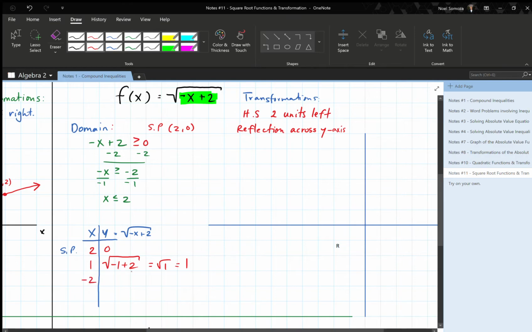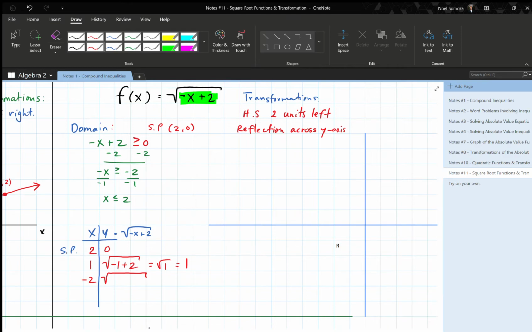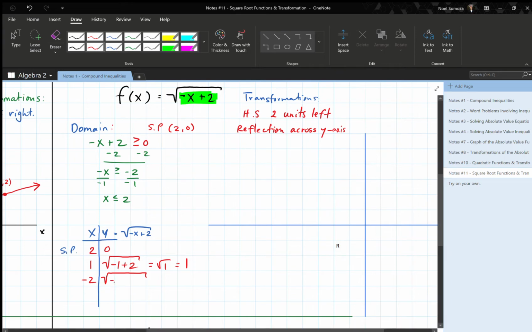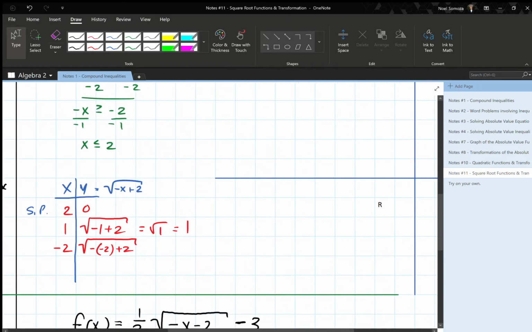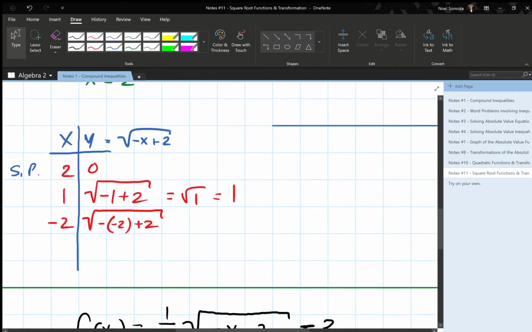Careful here because you have multiple negatives that you're playing with. The 2 is negative, and then you have a negative that's part of the function. So that's going to become negative, parentheses, negative 2, and then plus 2. So inside, you distribute this negative first. That's negative times negative, which is positive 2, plus 2. So you get square root of 4, which then gives you 2.